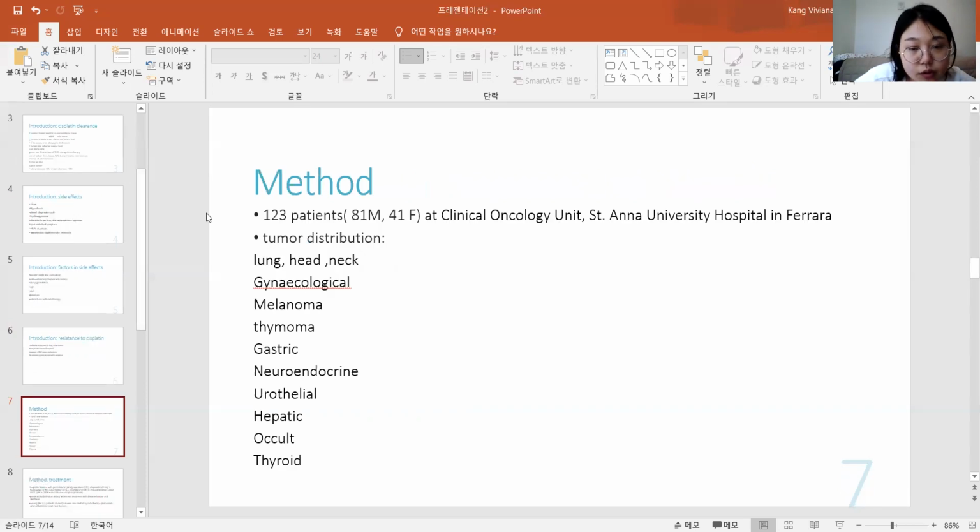The research was conducted on 123 patients at the Clinical Oncology Unit, St. Anna University Hospital in Ferrara, Italy, and this was a 6-year study done through 2007 to 2008.